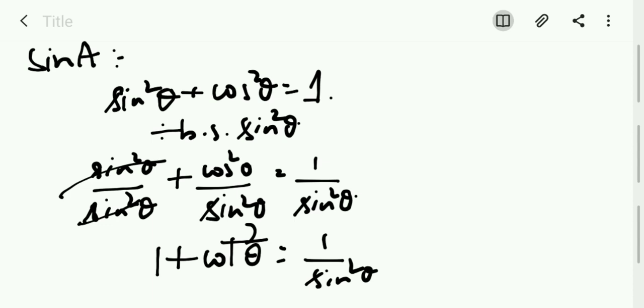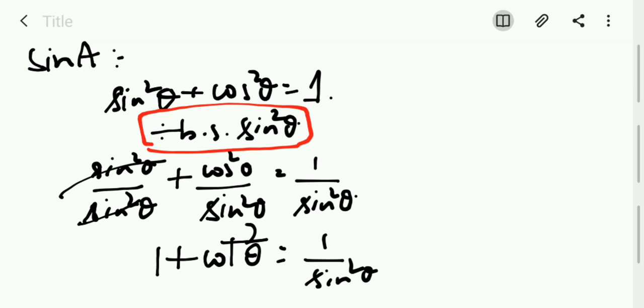So whichever you feel comfortable and easy, you can go ahead and do it. By doing that method, you will save some time because you'll not be doing this step. So 1 plus cot square theta is nothing but cosecant square theta, and cosecant is nothing but 1 by sine. So 1 plus cot square theta is equal to 1 by sine square theta.